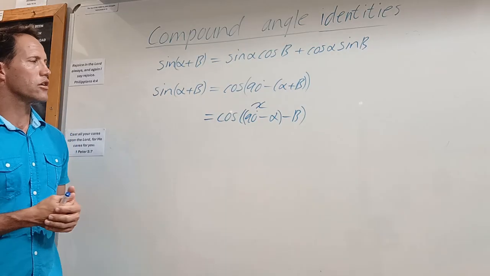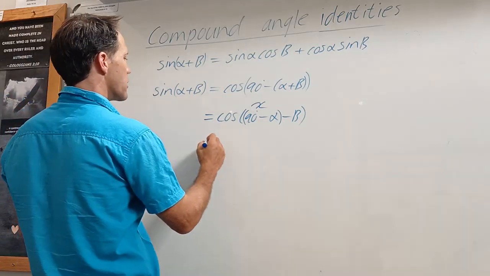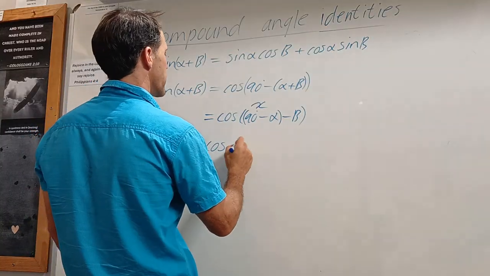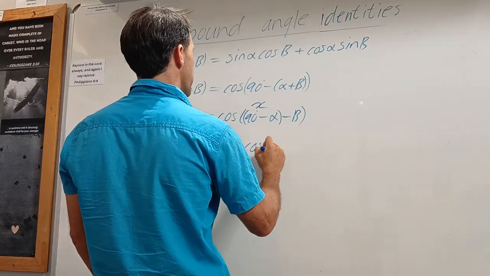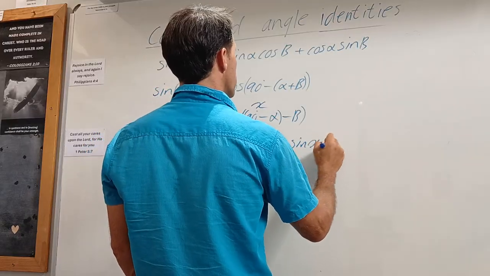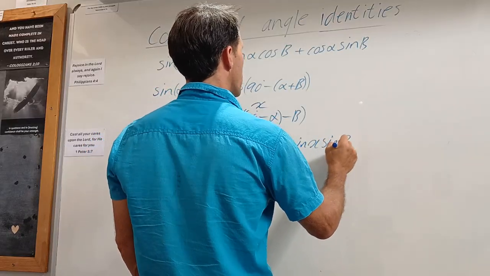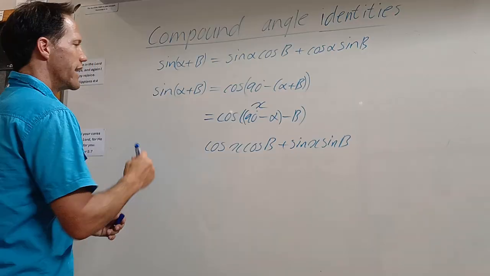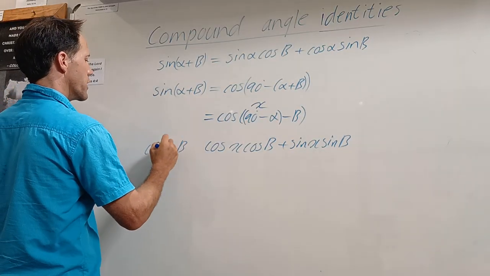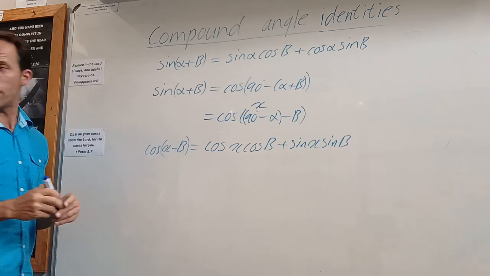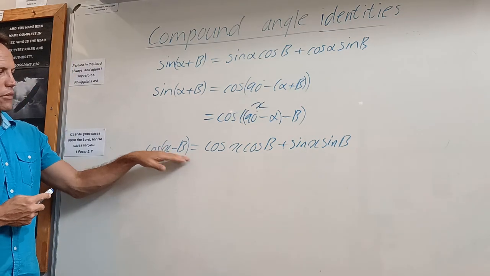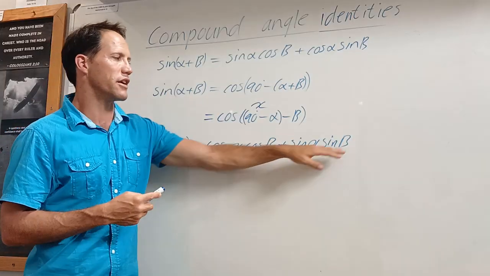Let's just write it down here. Cos x, let's make it x, cos x cos beta, plus sine x sine beta. That's what cos x minus beta would have been, from our first identity. The first identity is that cos x minus beta is cos x cos beta plus sine x sine beta.